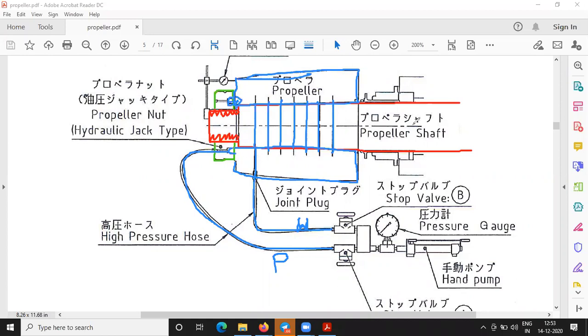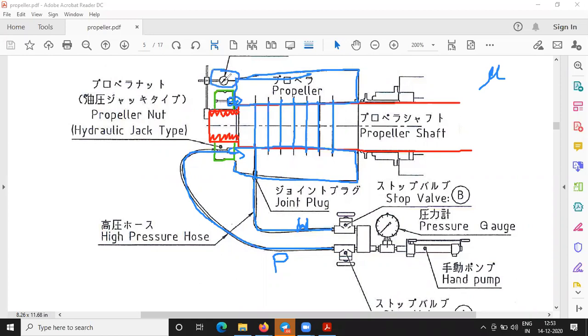So the propeller moves and sits on the shaft. We provide the wet pressure for lubrication, as well as to expand the propeller bore, so that the coefficient of friction is brought as low as possible, and on applying this pressure it will go and sit at the point. So what is this dial gauge doing here?